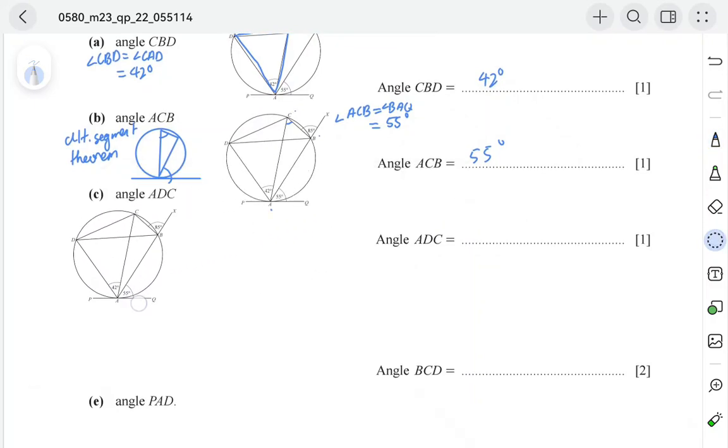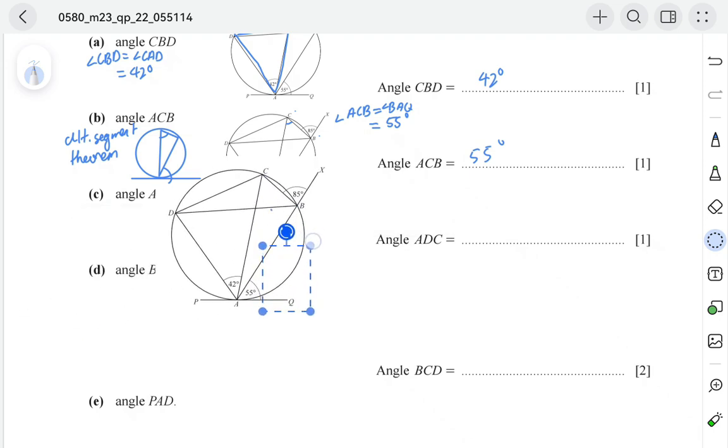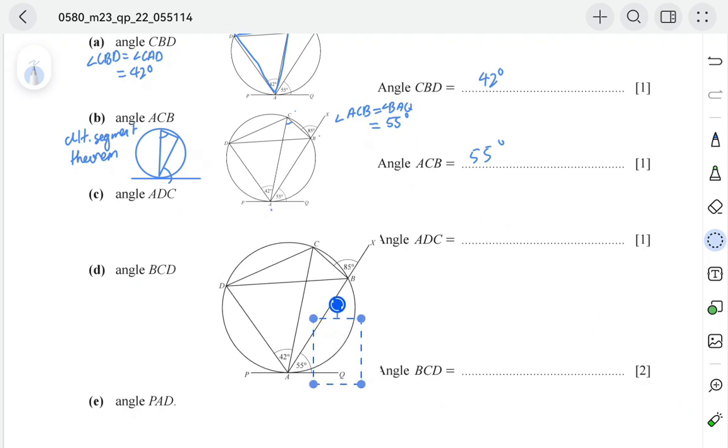Okay, so moving forwards, let's resize this. Moving forwards, we have angle ADC here, which is part of the cyclic quad.